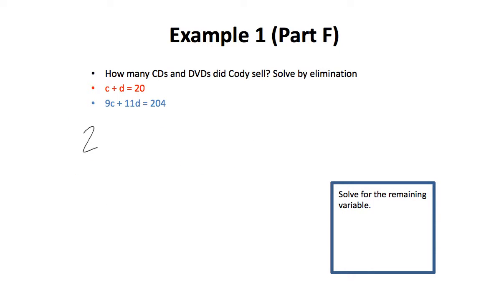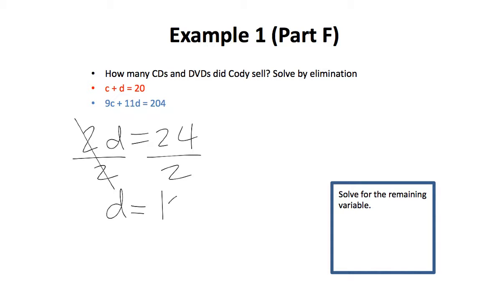Now that we have 2D is equal to 24, we can easily solve for D. D is stuck with a multiply by 2. To get rid of it, we need to divide both sides by 2. That cancels out, so D is equal to 12.